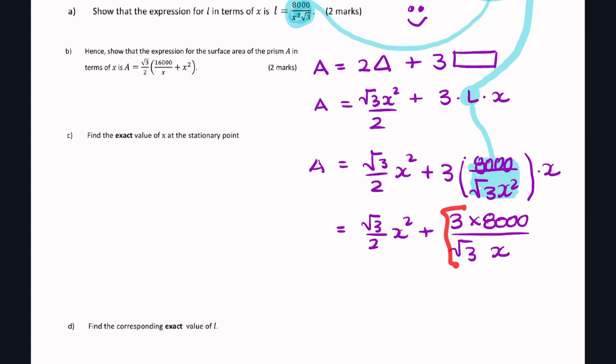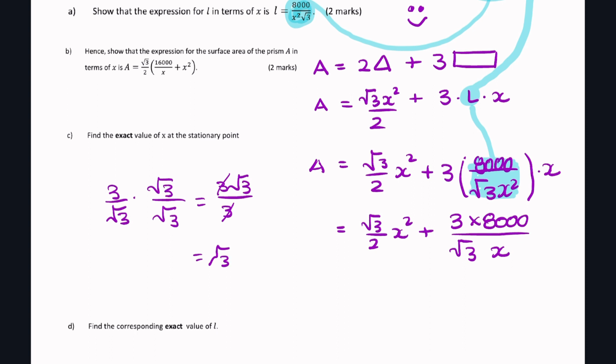Now 3 over root 3, you can rationalize that to make it root 3. So 3 over root 3, if you multiply the numerator and denominator by root 3, that'll give you root 3 over 3, and that will just give you root 3. So I can replace that with root 3.